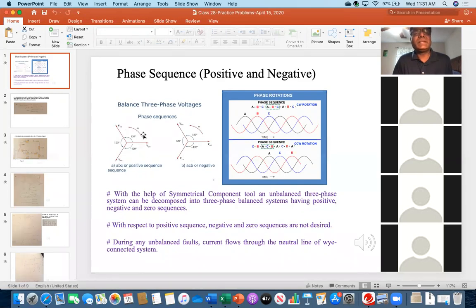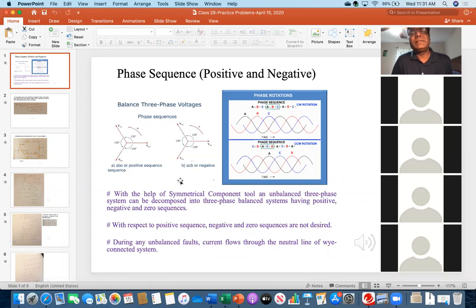So we discussed this concept in the previous classes. So this means ABC, we are calling the positive sequence, and this is the sequence that is followed in United States.